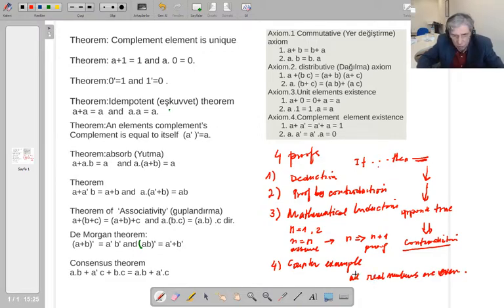For example, 3 is a real number, but it is not an even number, isn't it? An even number can be divided by 2. That 3 cannot be divided by 2. It's going to be 1.5. The result is not a natural number. So therefore, what I said here is not true. So I proved this by giving a counterexample.